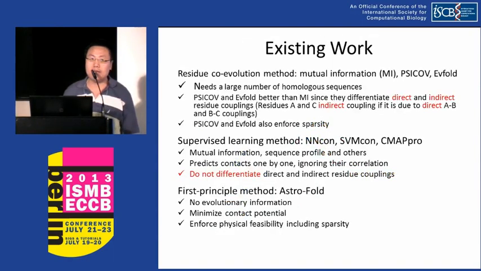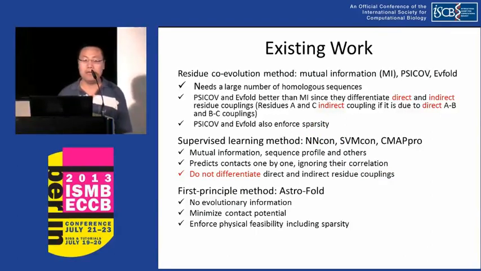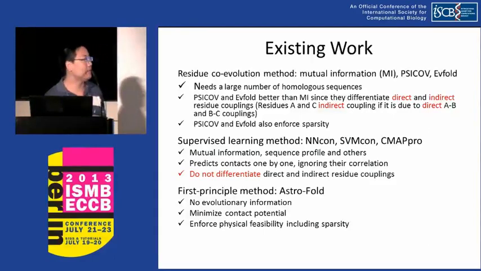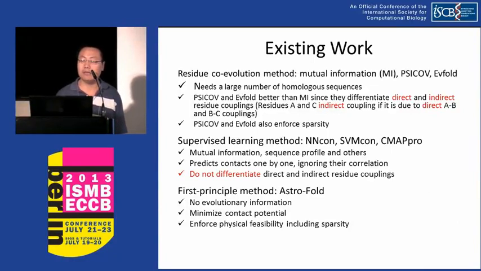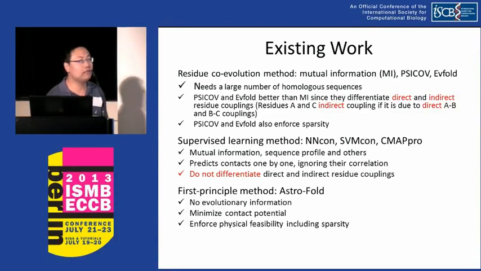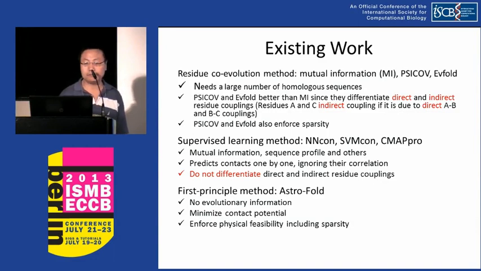Quite a few methods have been developed for contact prediction. For example, a number of methods have been developed based on residue coevolution, like the first method, the mutual information-based method, and the two recent methods, PSICOV and EVfold. These methods usually require a large number of homologous sequences.